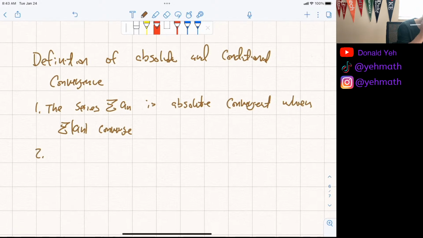Second one, the wording is very similar, so that's the confusing part.